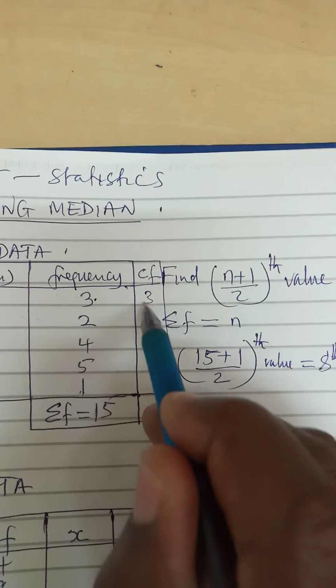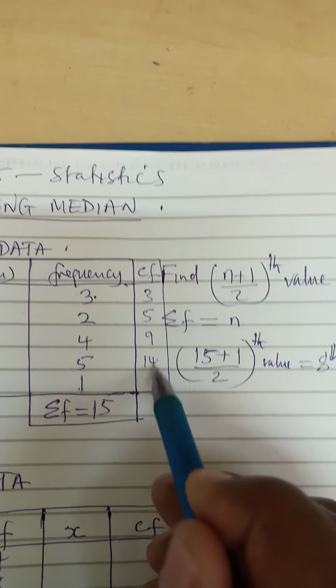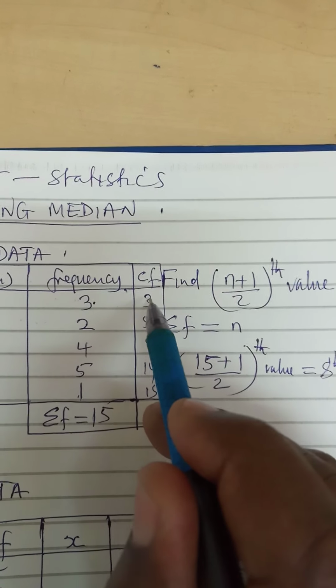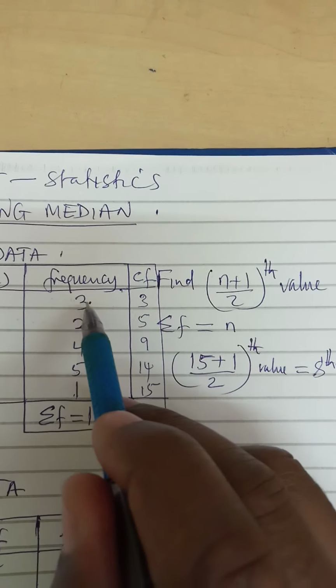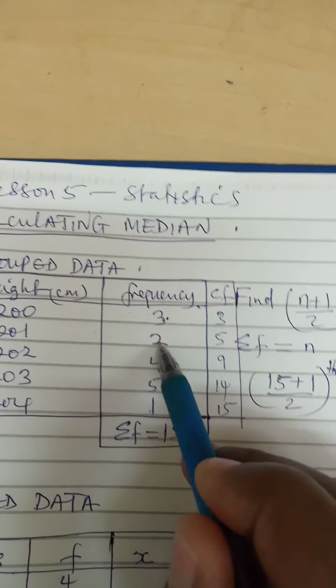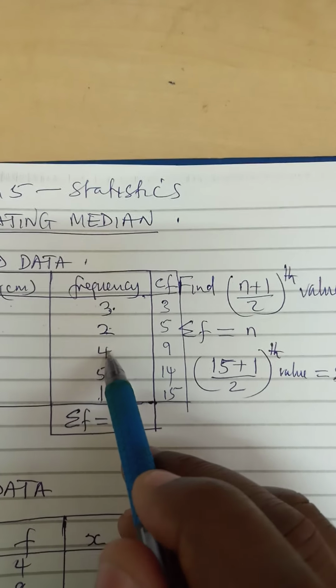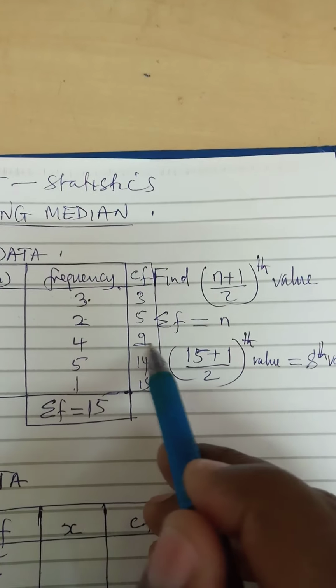I will have 3, 5, 9, 14, and 15. So if we add 3 plus 2, those are 5. The first 5 positions are occupied by 200 and 201. But if I add 9, 4, I get 9.